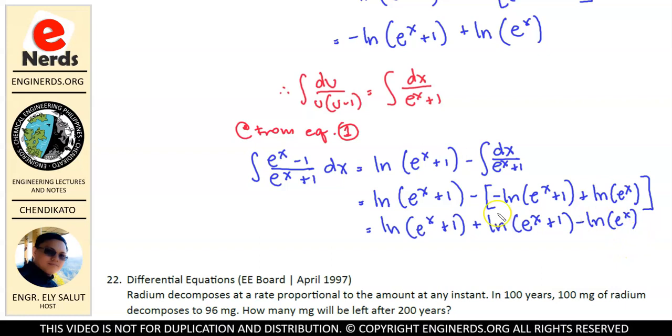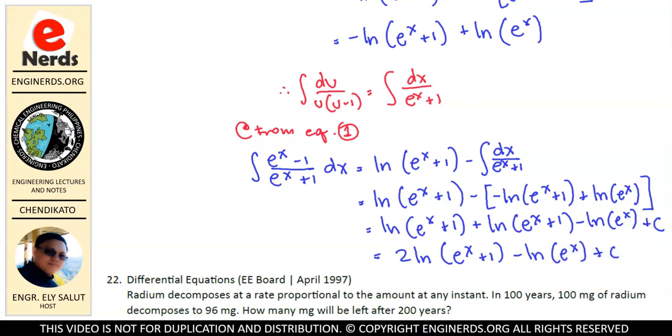And then, of course, we can solve it now. We cannot forget the plus c, so we have plus c at the end. This one is the same as this, so we can add them. That means we have 2 ln e to the x plus 1 minus ln e to the x plus c.